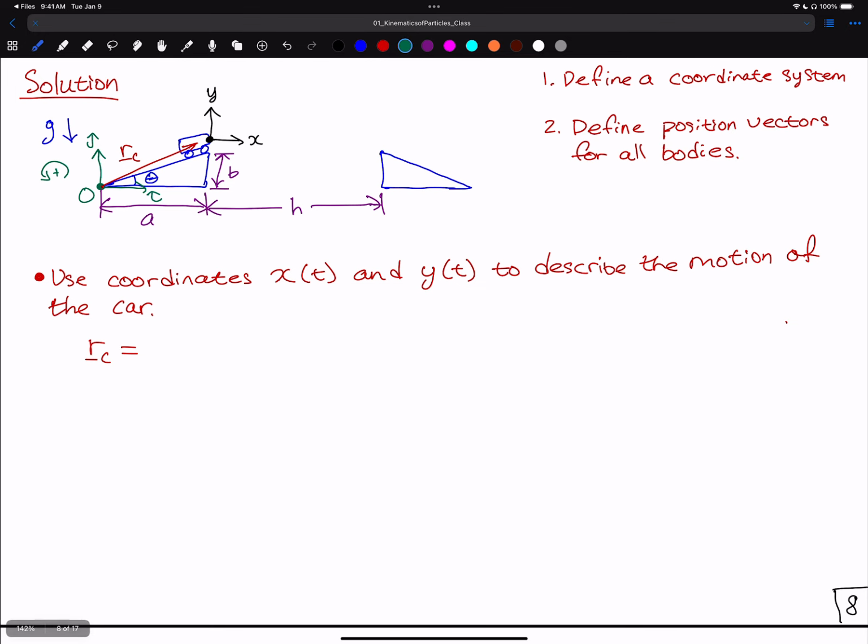And now we need to determine what is our initial velocity, v0, our initial speed in each direction, in order for this car to make this jump. Okay, so now that we've added these dimensions, we can now determine what the position of the cart is. And in fact, let me go and redraw this position vector, because we want to take it to the edge of the car. Again, we're treating this as a particle, so we ignore the fact that the car has size to it.